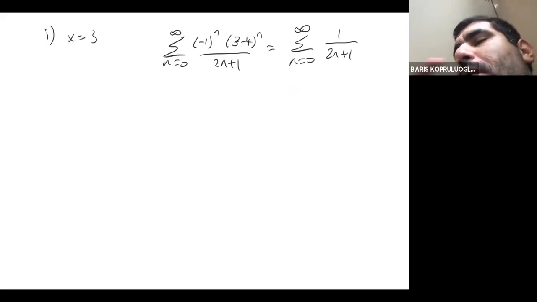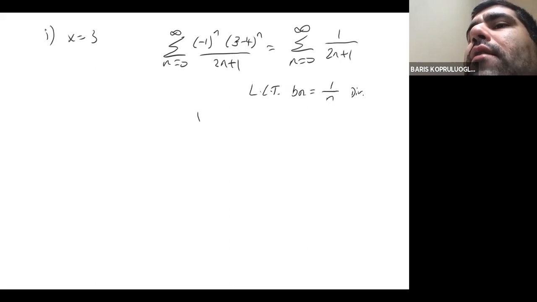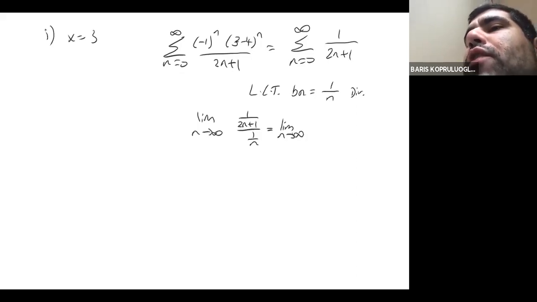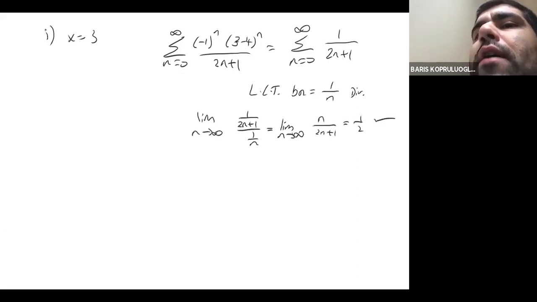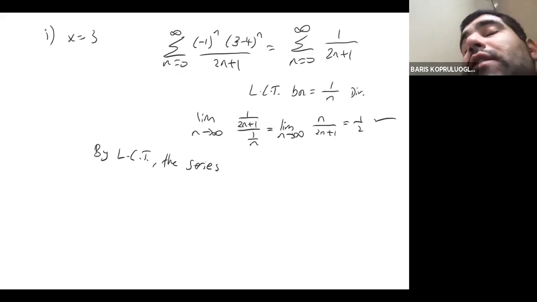This is going to be the limit comparison test. Choose b_n as 1 over n, which is divergent. And you can verify that (1 over 2n+1) over (1 over n) will give you a positive finite number, which is 1/2. So then by the limit comparison test, the series doesn't converge when x is 3.